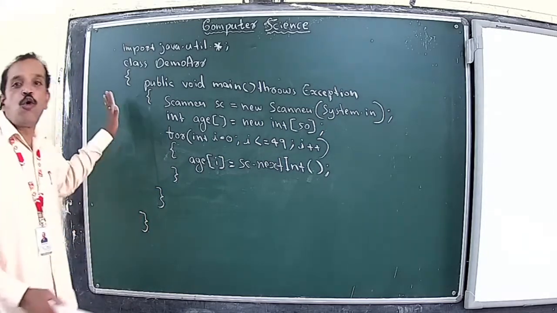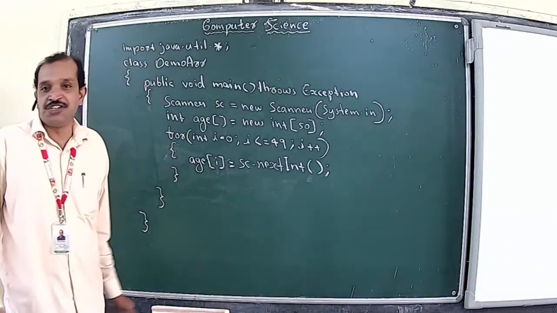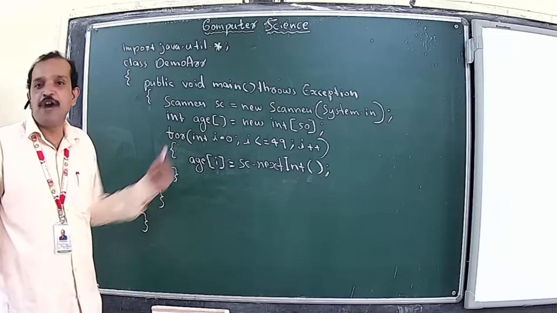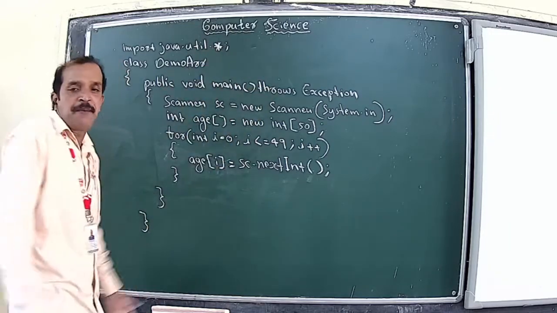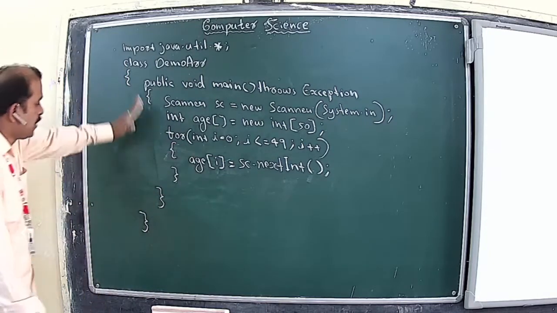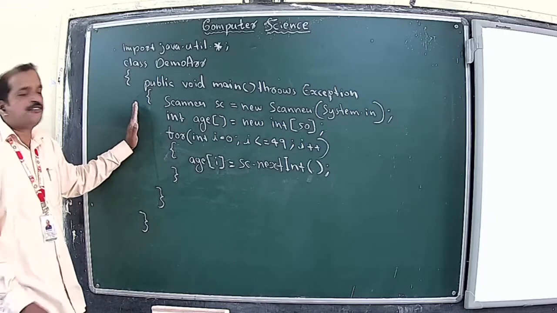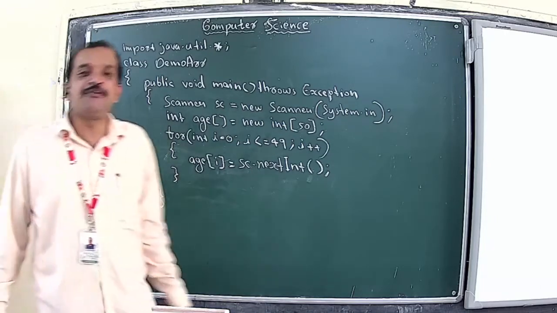All the 50 elements of this array can be initialized this way. Definitely the output or the interface of this program can be done in a different way, like giving adequate prompts here. And this is only a program segment, not a complete program, since our purpose was only to initialize the 50 elements.